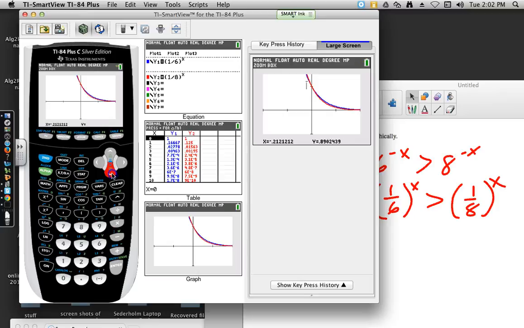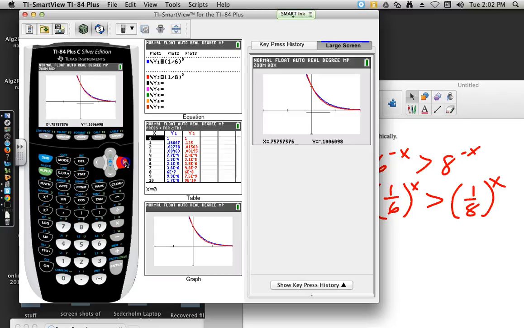And what we're doing is marking that upper left-hand corner as the upper left-hand corner of a box. And we could tweak our window. We don't necessarily need all of the x values in the negatives. But zoom box is always good to get a look at exactly what you want to see.